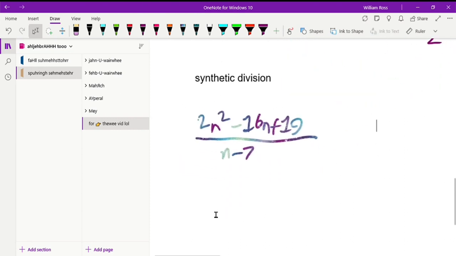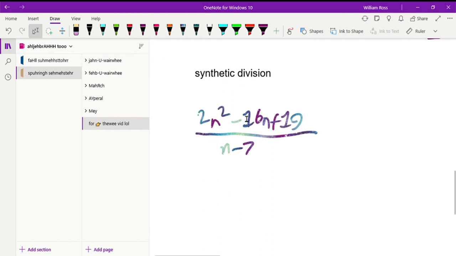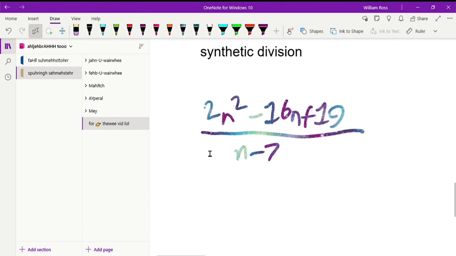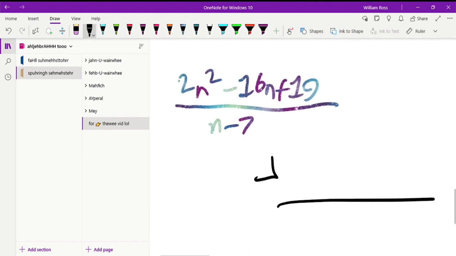Alright. Now let me just lay it out. So this is the layout. We'll put in here the absolute value of b.